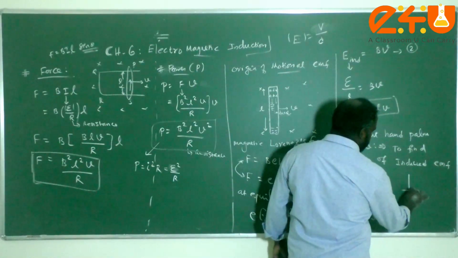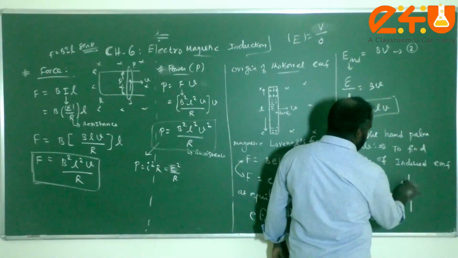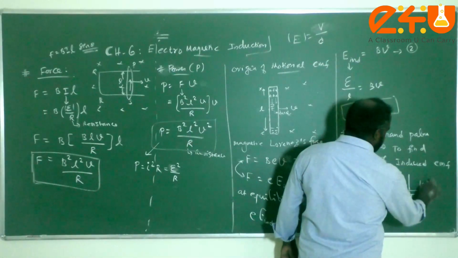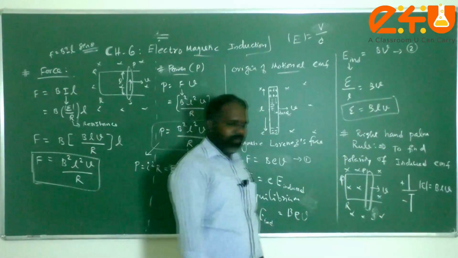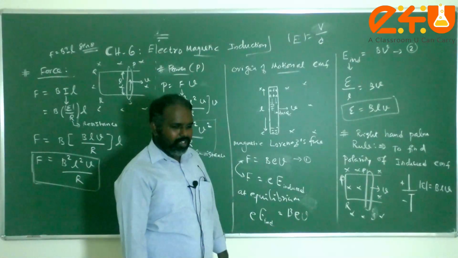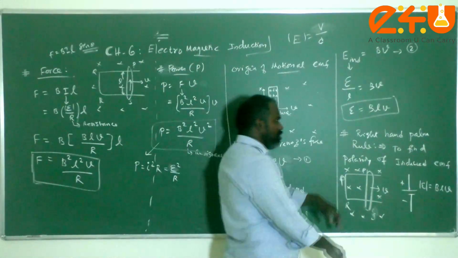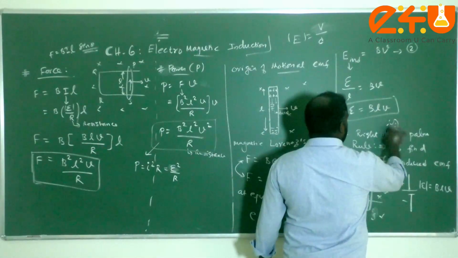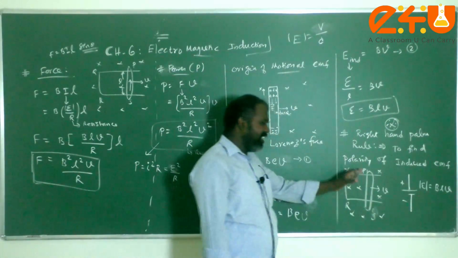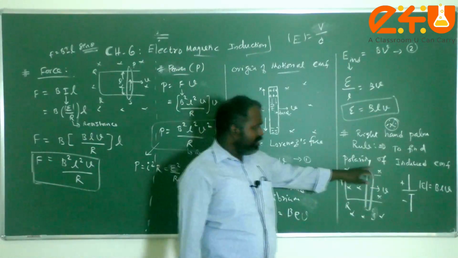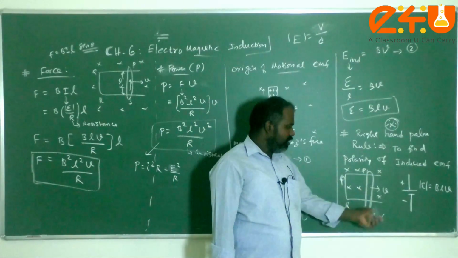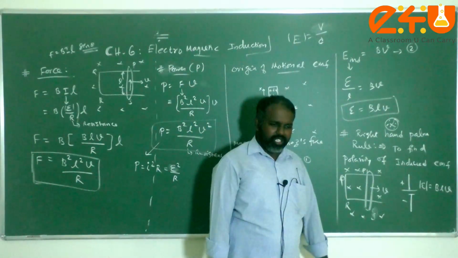So this is plus and minus, whose EMF magnitude is BLV. This rule is very helpful to find the polarity of the induced EMF in a motional EMF system.